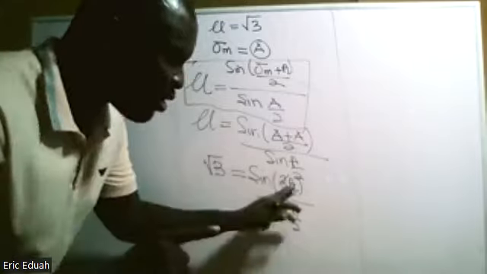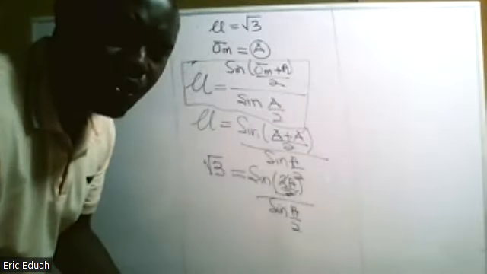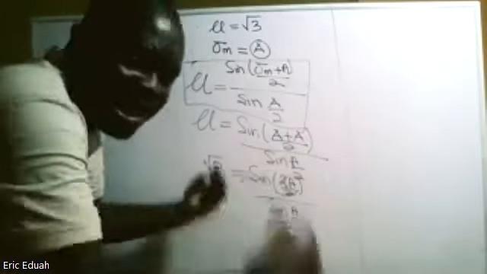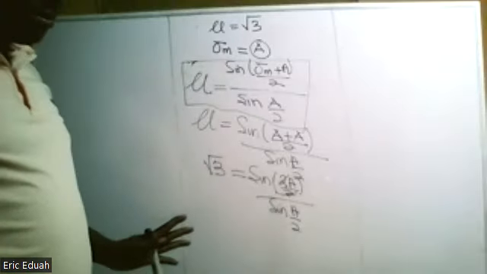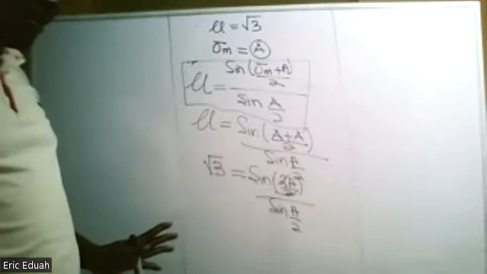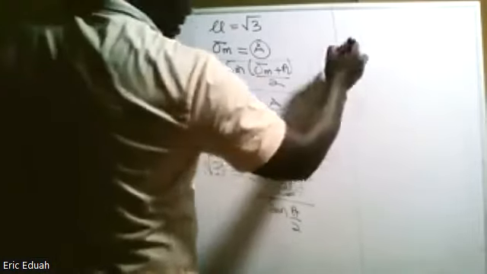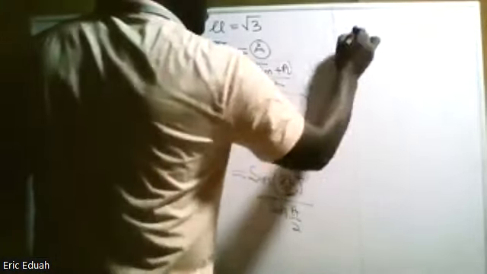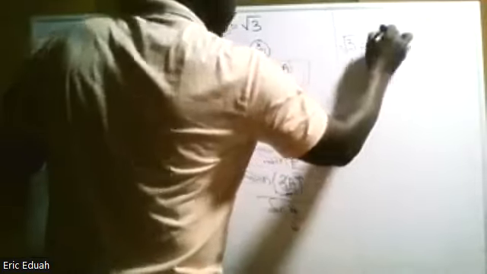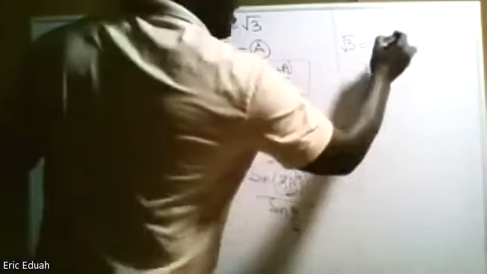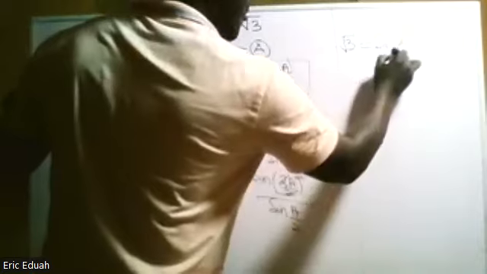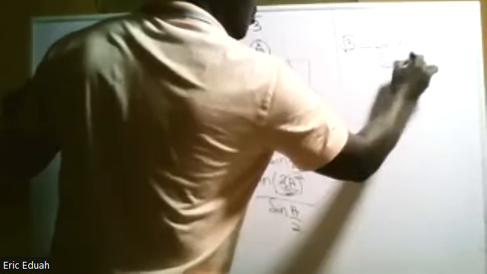It's like 2 times angle of 30 divided by 2. The 2's can cancel within the bracket. Good. So the numerator gives us, we have root of 3 is equal to sine of A over sine of A over 2.